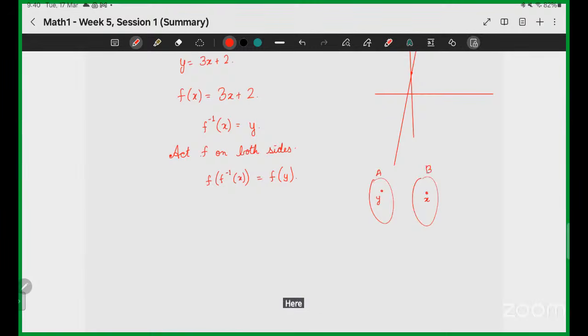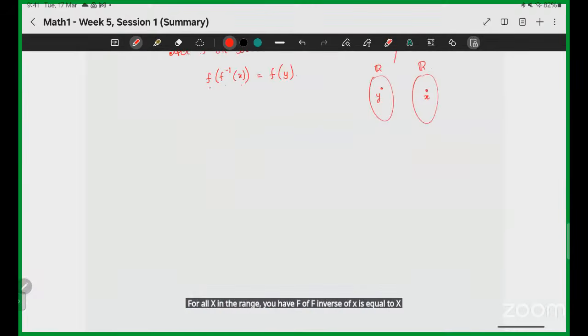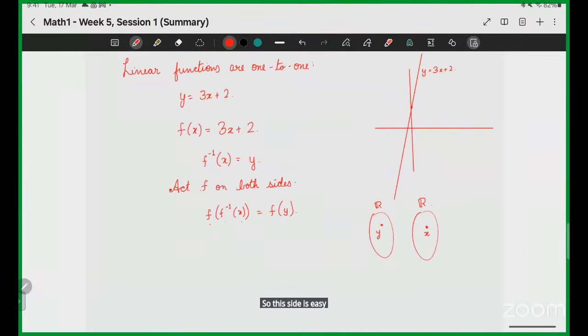Here it is R and R, but I'm just writing it as A and B in general. So f of f inverse of x, and by definition also, that is what is said over here: for all x in the range, you have f of f inverse of x is equal to x. So this side is easy to simplify. So this is x. But what about the other side?